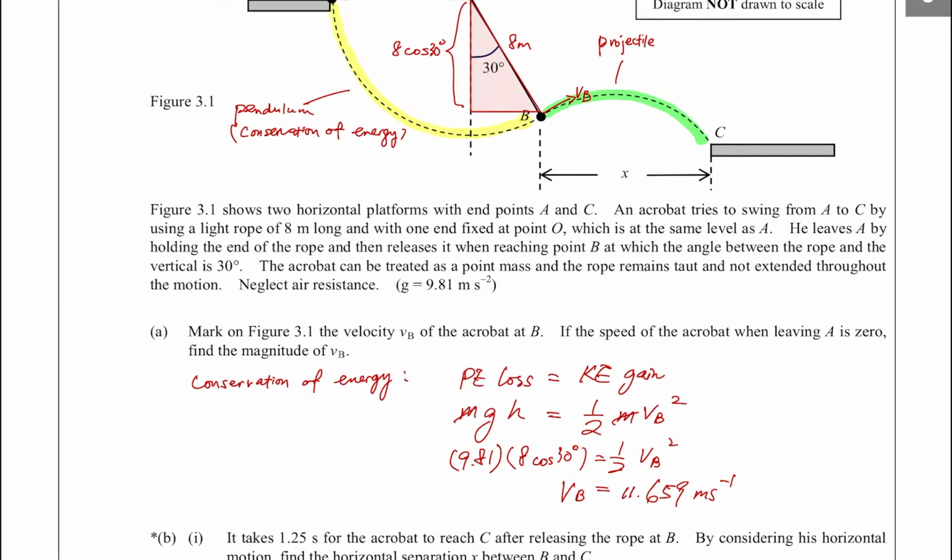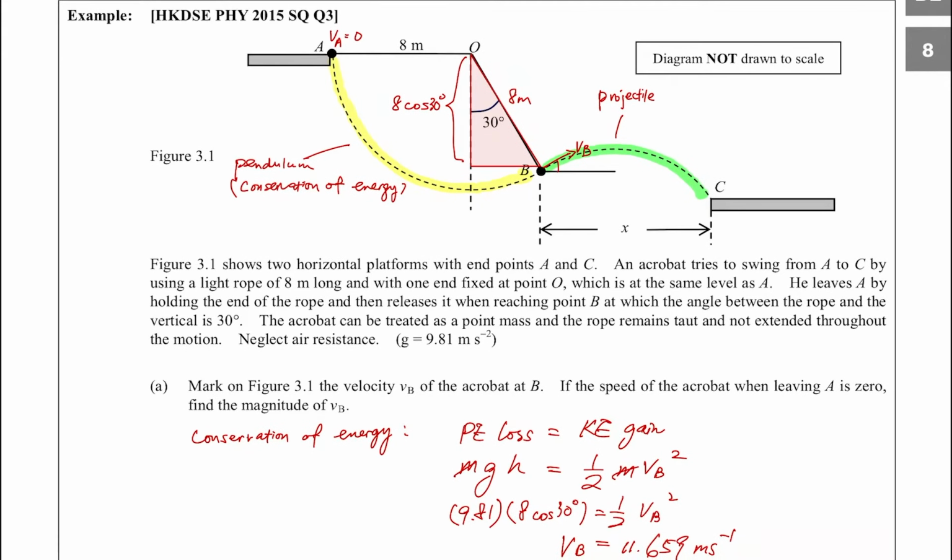What I'm interested to know is, what is the angle here? If you look at the geometry, this will be 30 degrees, because the string is making an angle of 30 degrees with the vertical, and because the acrobat is flying perpendicular to the string, he makes an angle of 30 degrees with the horizontal.